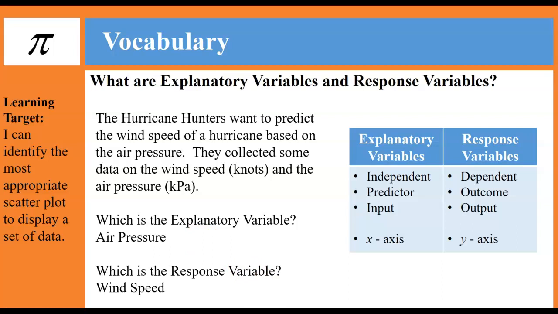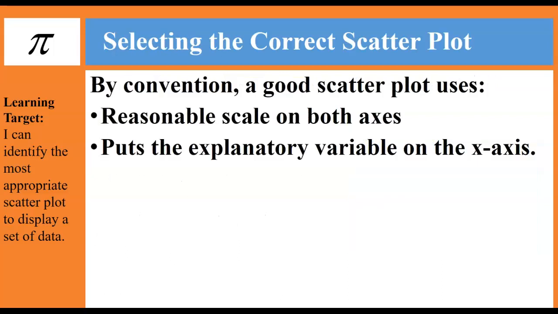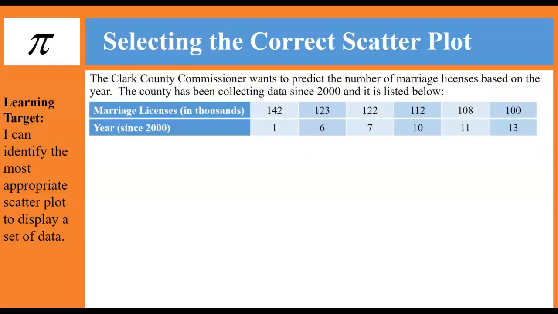So let's now take a look and make this just a little bit bigger. Again, we need to consider the reasonable scale on both axes, and we also want to make sure that the explanatory variable goes on the x-axis. So let's take a look. The Clark County Commissioner wants to predict the number of marriage licenses based on the year.